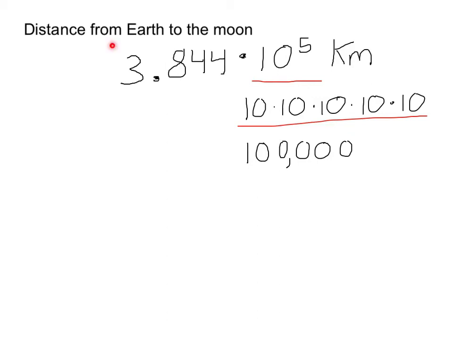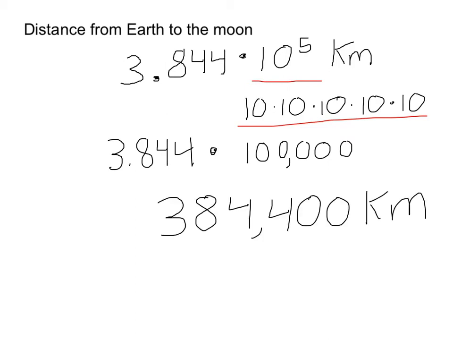If we bring down our beginning coefficient, 3 and 844 thousandths, and multiply that by 100,000, we get our final solution. The moon is 384,400 kilometers away.